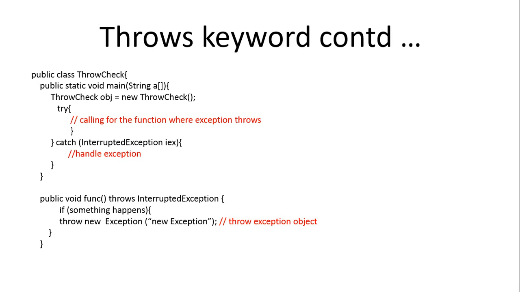So public void FUNC() throws InterruptedException, and inside the if condition you can see that we are creating an exception object using the throw keyword. So we use the throw keyword to create an exception.